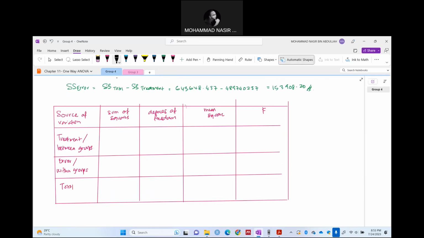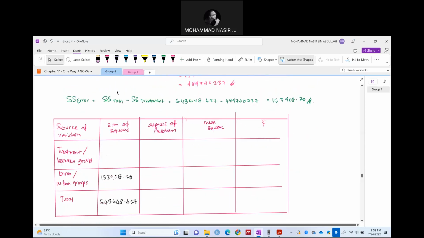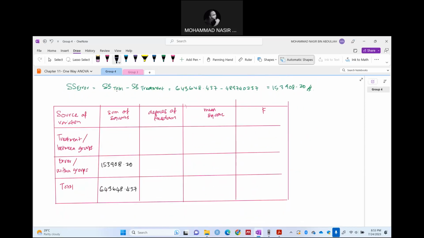So we fill in the value. So this is 643648.437, and this is 153908.20, and the last one is 489740.237.